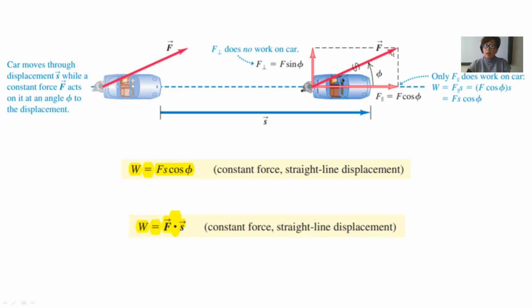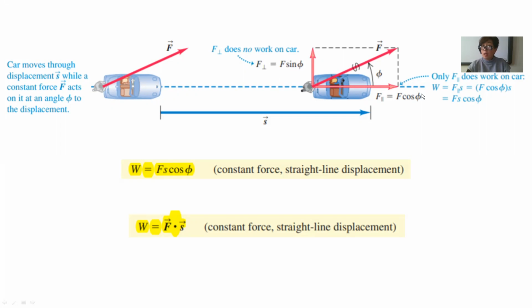Here is the projection of the force parallel to the x axis, and here the perpendicular one. The perpendicular force does not do work on the car, and the perpendicular force equals force multiplied by sine alpha.